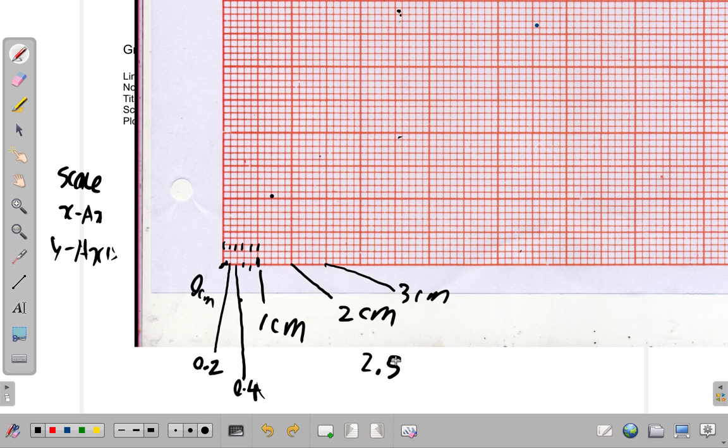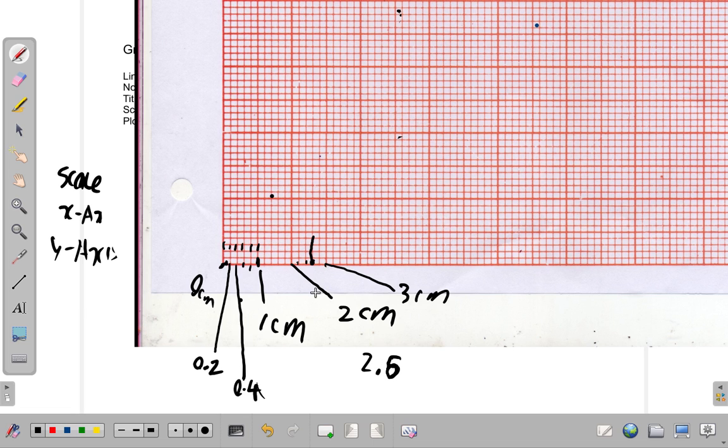If you're supposed to plot 2.6 centimeters, then you get 2, then 0.2, 0.4, 0.6. So above this is where you would plot your x value as 2.6 centimeters.